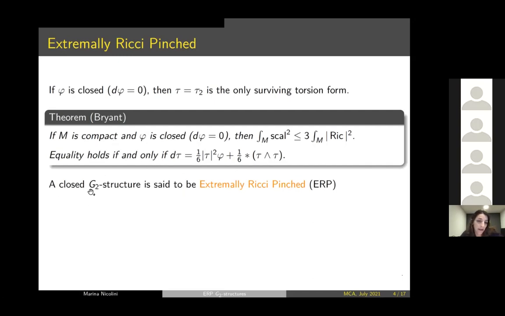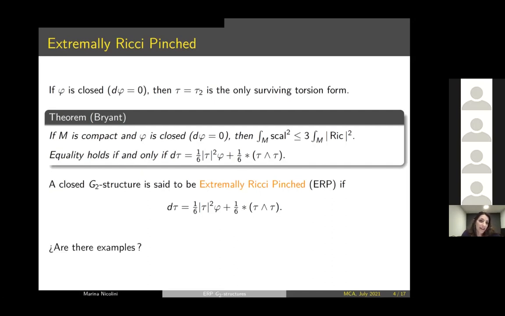In general, we are going to define a closed G2 structure to be extremely Ricci pinched, or ERP, if it satisfies this equation. And of course, defining things is free, so you can define whatever you want, but the definition is only interesting if there is at least one example.